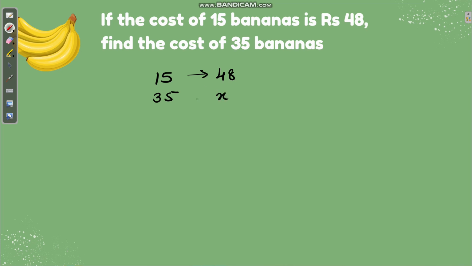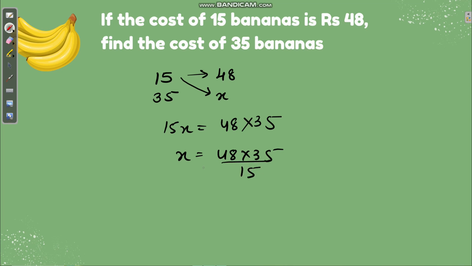Let this be x. Now just cross multiply. 15x is equal to 48 into 35. x is equal to 48 into 35 upon 15. The same calculation that we did just now. 5 3s are 15, 5 7s are 35, 16 7s are 112. 6 7s are 42, 4, so 112 is the answer.